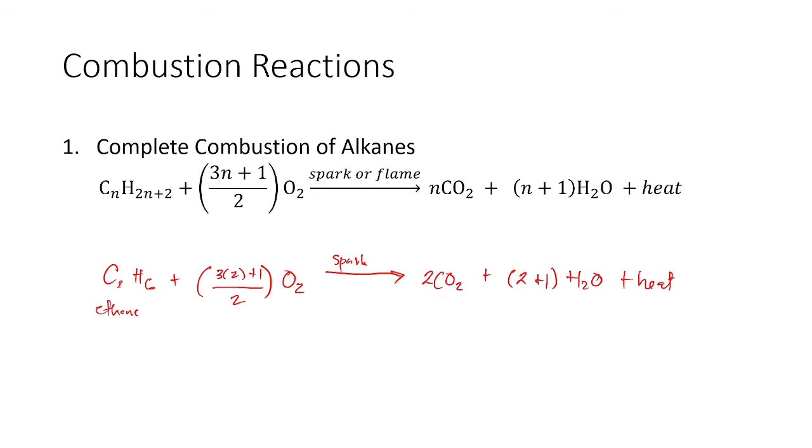Simplifying all of this, we have C2H6 plus 7 over 2, that is 6 plus 1 over 2, so 7 over 2 oxygen, using spark, will produce 2 moles of carbon dioxide plus 3 moles of water and, of course, heat.